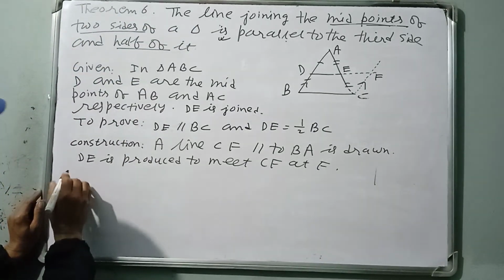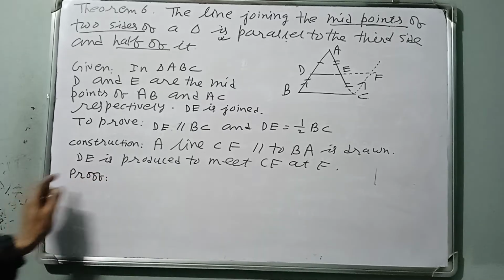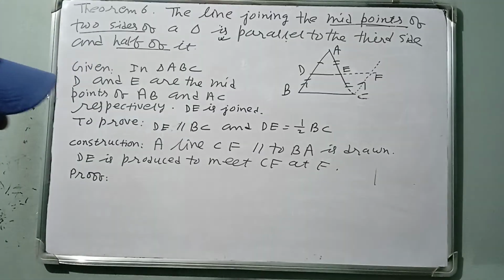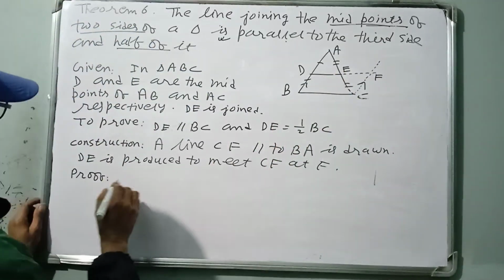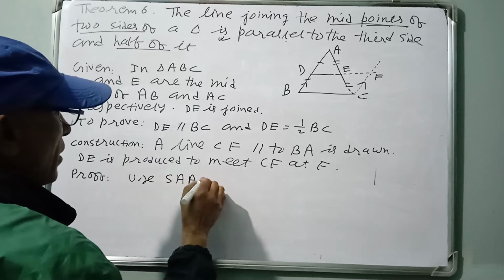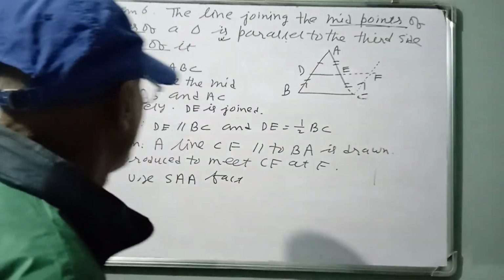Proof. What is proof? For proof, you have to show these two triangles are congruent. What fact? Side angle side fact. Use side angle side fact to show two triangles are congruent.